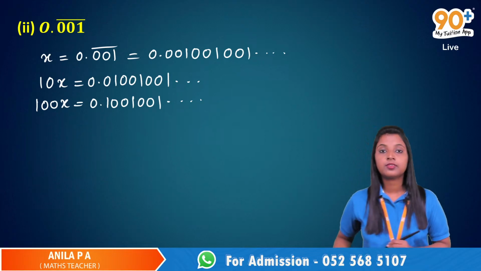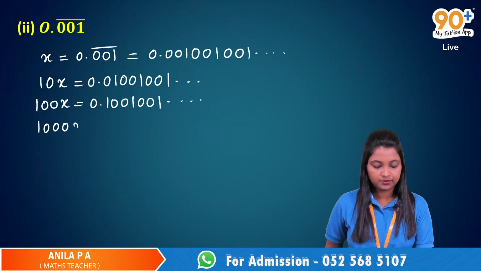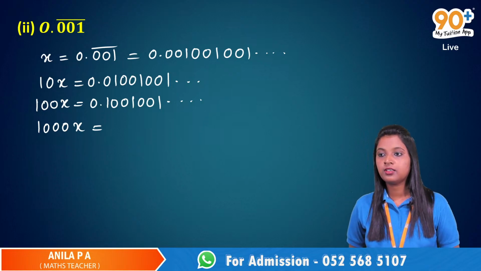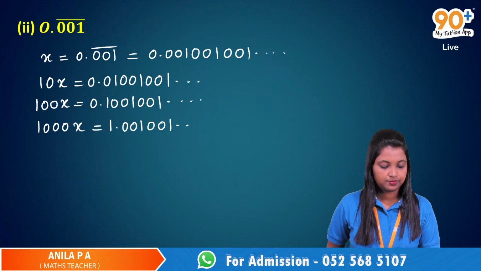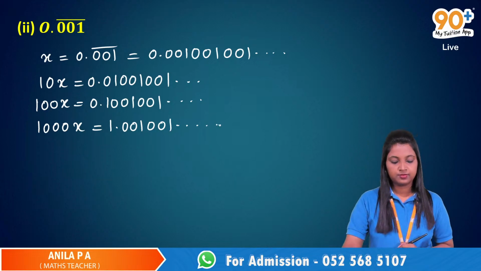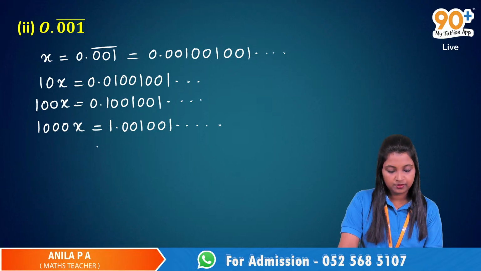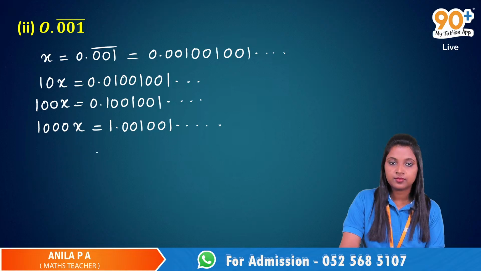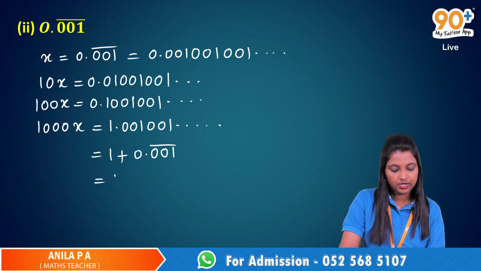Yes, ma'am. Since you said that we can just take it directly, like 1000x, we can get 1.001 bar. Now we can equate this: 1000x is equal to 1 plus x.